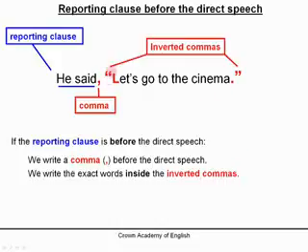So these are the inverted commas, these little lines above the words. Okay? So these are the opening inverted commas, and these are the closing inverted commas. And we write the exact words inside the inverted commas.